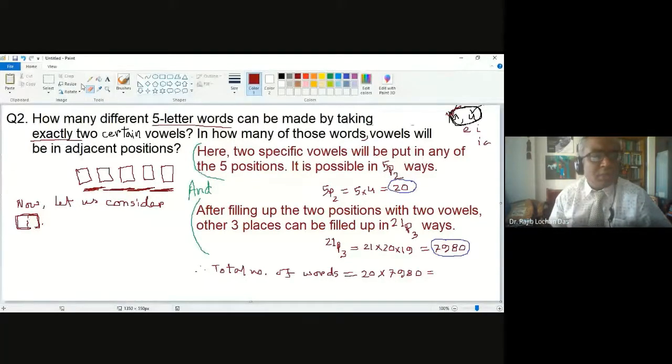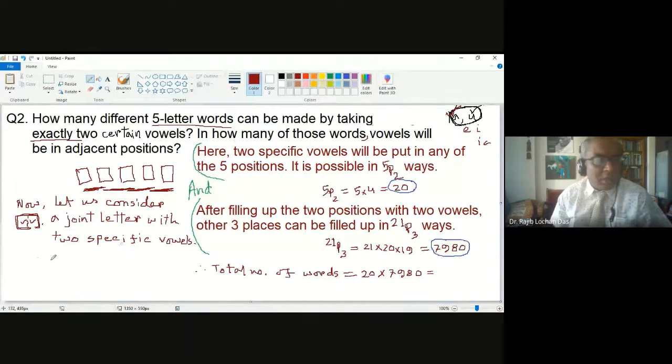So we need to write down, let us consider a joint letter with two specific or certain vowels. Okay, two specific vowels. So this is the first thing you need to write.